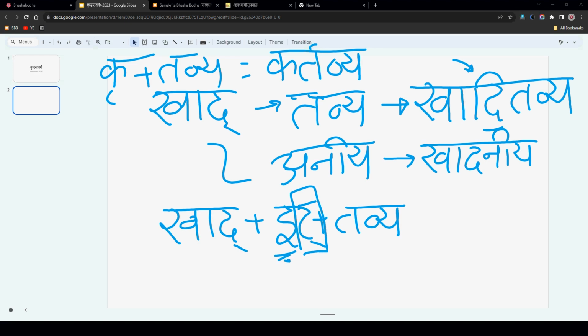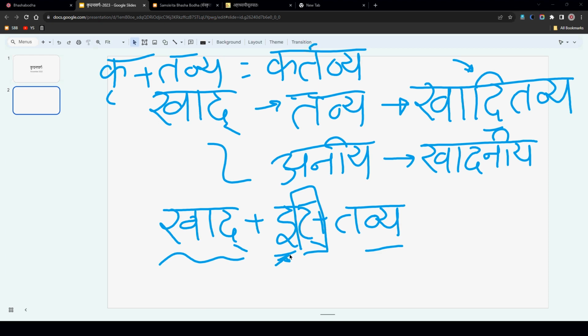So only E remains of the it pratyaya. So here what happens? Khad plus E plus tavya, khaditavya. When this it has to be added and when it doesn't need to be added, in the case of gam, that is the subject of Ashtadhyayi in some part. Now I think we should stop here.